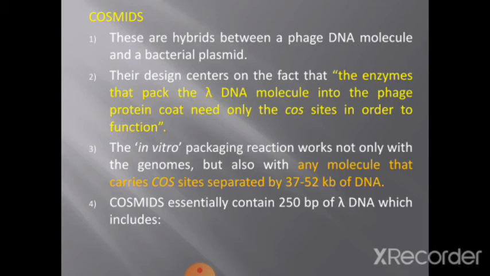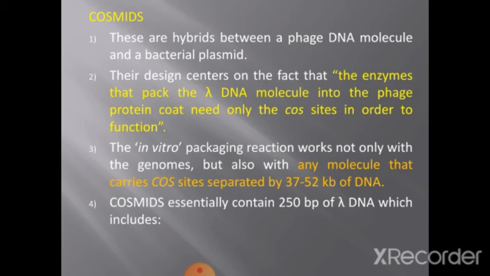It is not hampered. It doesn't require the genome; any molecule that carries cos sites separated by 37 to 52 kb will do. The insert should not be more than this. As usual, it is packed. Such a vector is known as a cosmid.